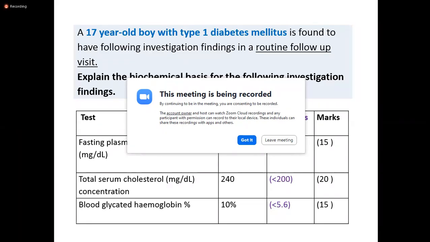And glycolysis is suppressed by low insulin glucagon ratio by inhibition of... Hello? Sarah, are you there?